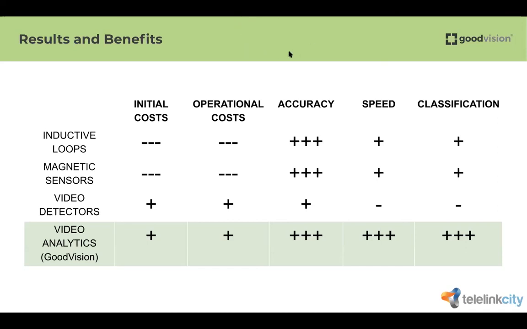This way, we came to the GoodVision solution that provides the benefits of inductive loops and magnetic sensors, with very high accuracy, speed measurement, and classification of all types of vehicles in combination with pedestrians and bicyclists, which is not possible with inductive loops and magnetic sensors, at a low cost comparable to the traditional video detectors.